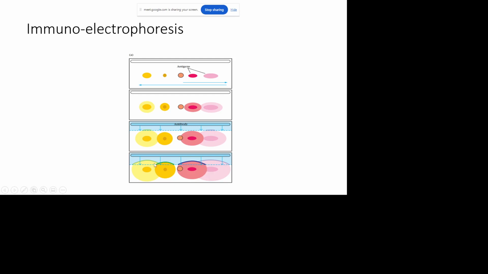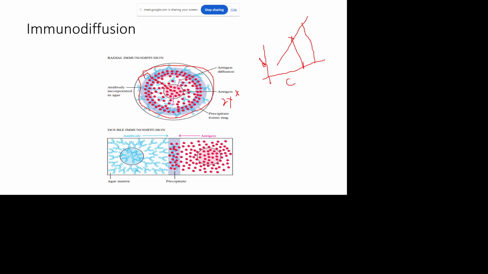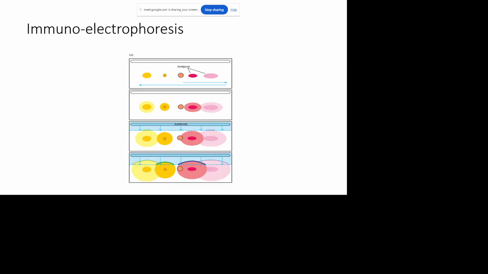So for each individual protein you will get a precipitation curve, and after that you can easily measure the distance, and you will plot the graph to measure the concentration of those individual proteins, which is the same way we discussed in the radial immunodiffusion, right? So that's how in immunoelectrophoresis you can actually measure the concentration of different proteins of an antigenic sample which contains a mixture of proteins. Then you will need this technique.